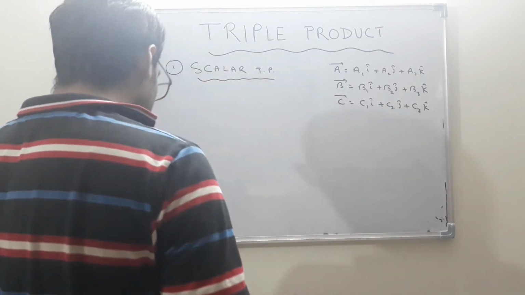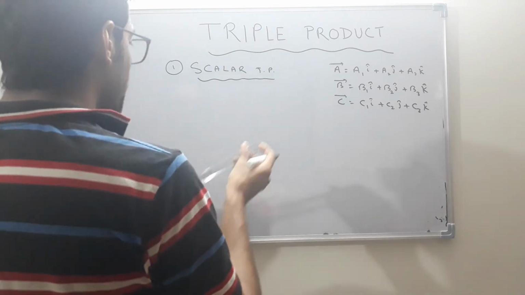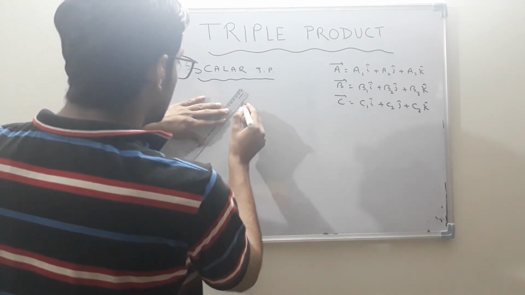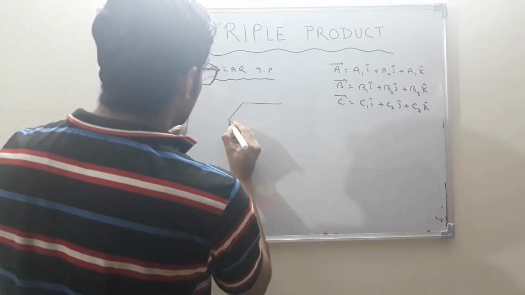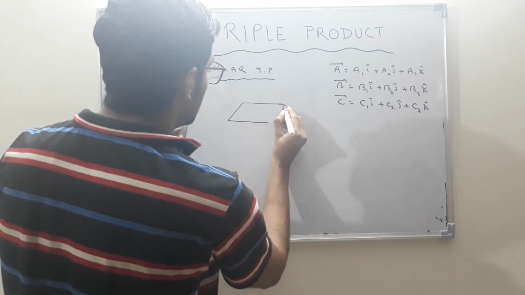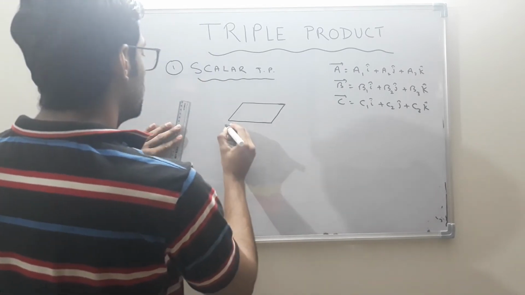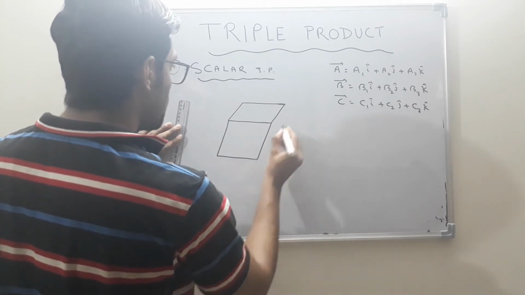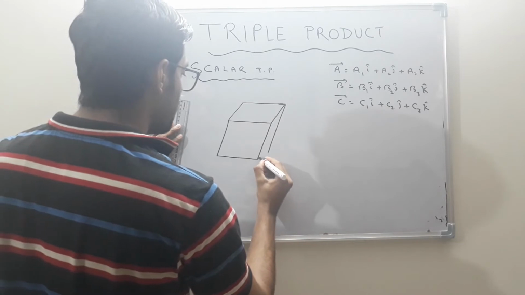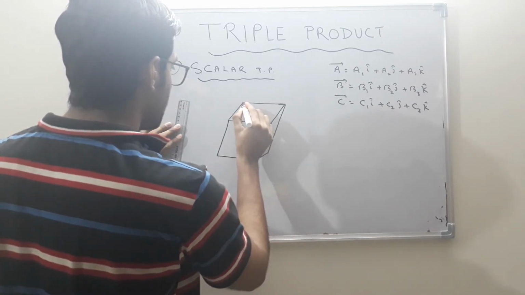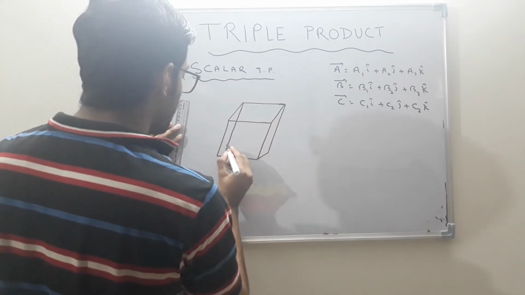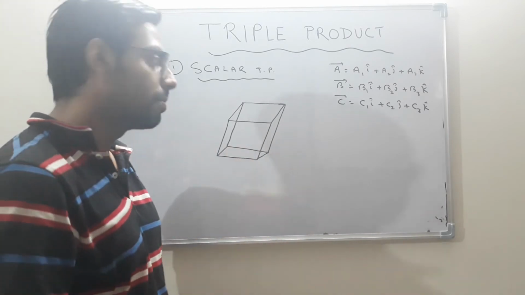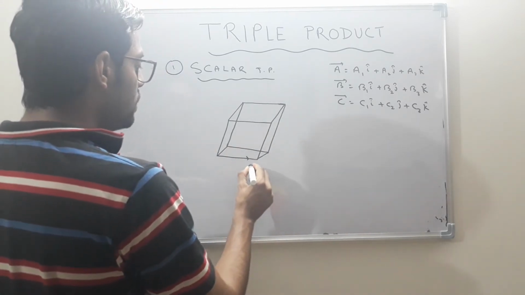Suppose we have a parallelepiped like this. This segment represents the B vector.